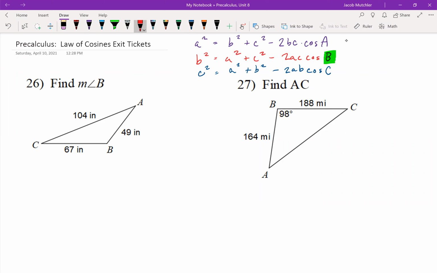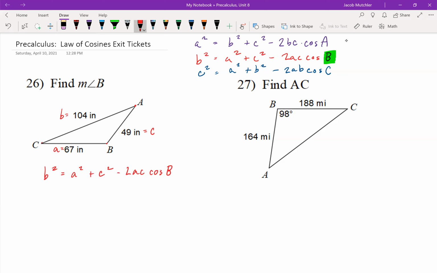So one thing I need to do on my diagram is label the sides. So here's vertex A, opposite it is side A. Here's vertex B, opposite it is side B. And vertex C, opposite it is side C. So I'm ready to fill that in. So I'm going to just put it again, b squared equals a squared plus c squared minus 2ac cosine b.